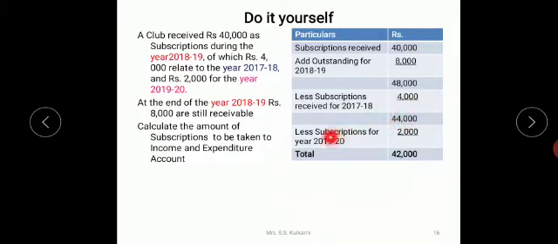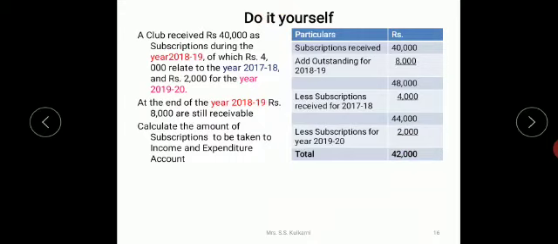But it includes the amount of advance paid. This advance also amounts to 2,000, which is income of next year. So I have to reduce the outstanding of last year and the income of next year. Then I will get the amount of 42,000. Now the same treatment has to be done whenever expenses are given.